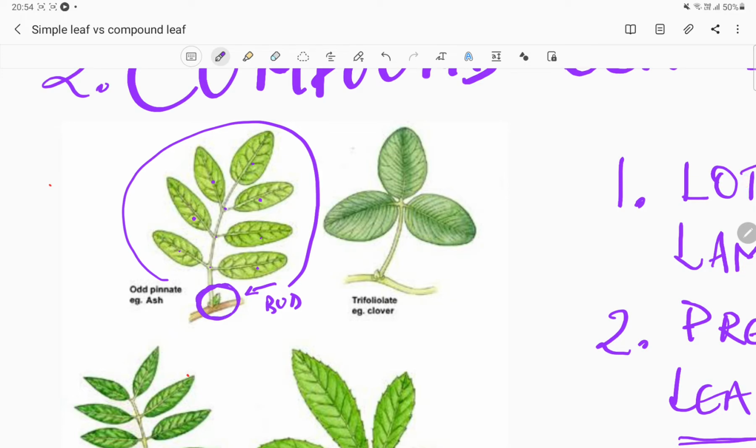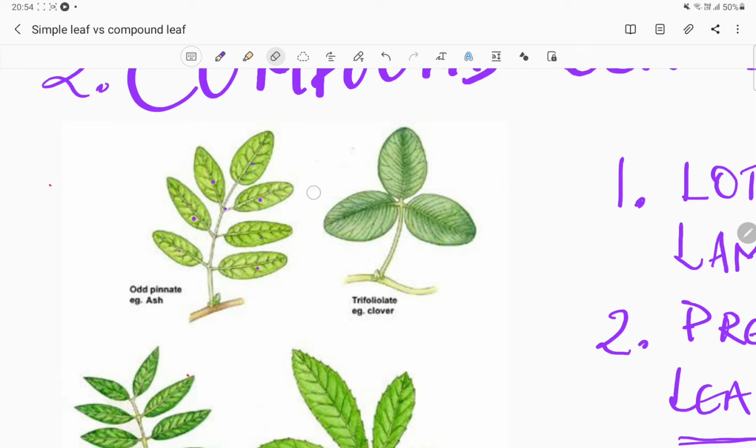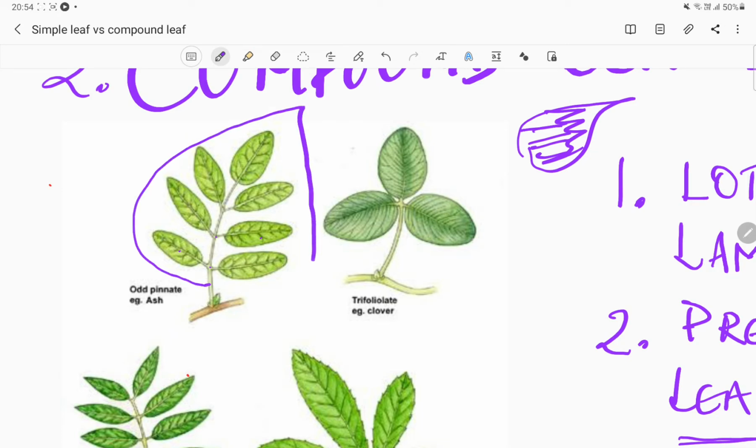Now, another important property of a compound leaf is that it has many leaflets, but a lot of lamina is missing. I hope you remember what lamina is. Lamina is the surface of the leaf, the upper and the bottom part. So originally, this leaf must have been something like this, but over millions of years, this leaf has lost a lot of lamina.